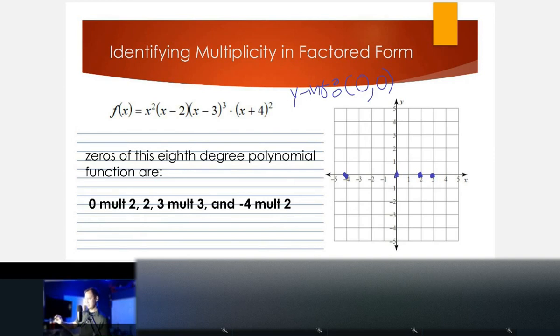So it's going to look like, let's see. Bounces, bounces. And then we said at 2, it passes through. Yeah, I missed. Let me back up a little bit. Try it again.